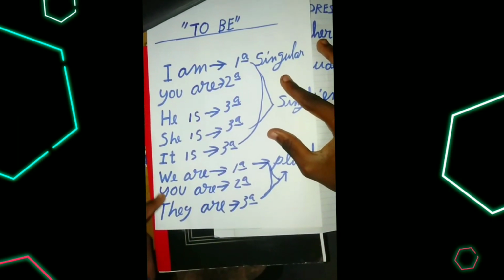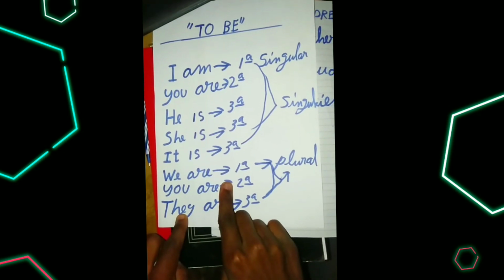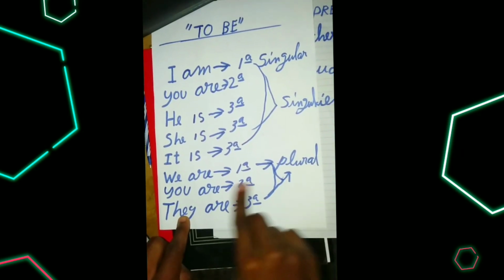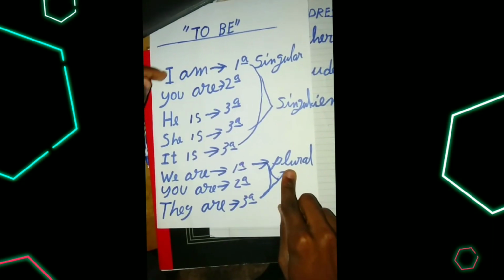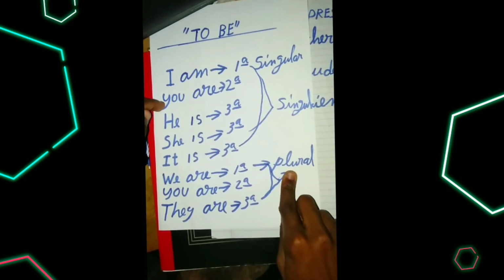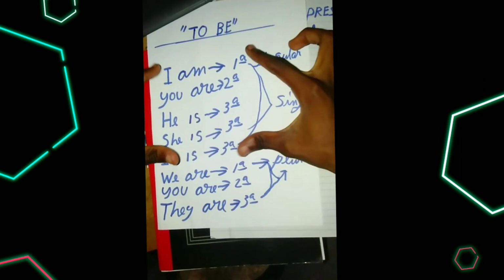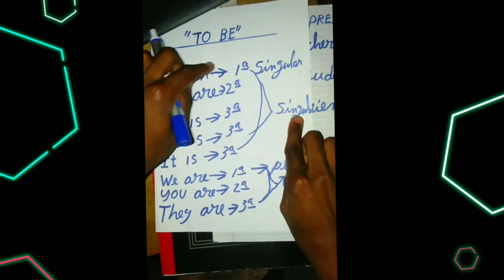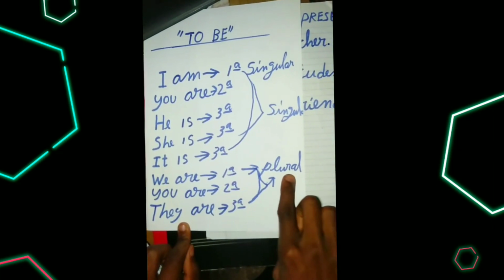We, you, they are in the plural. I, you, he, she, it are in the singular. Okay, we conjugated the verb to be in the singular here, and here we conjugated in the plural.